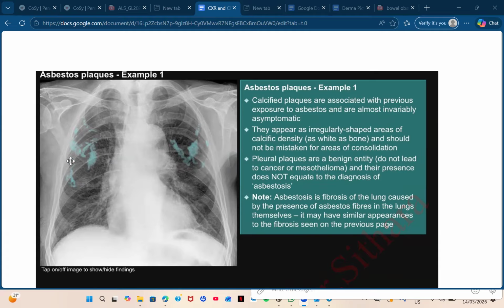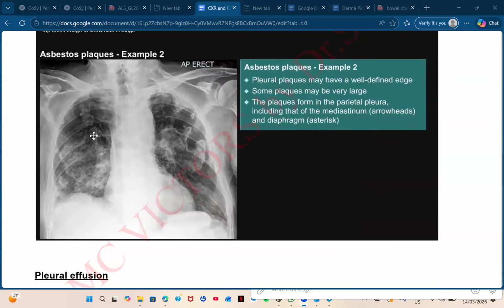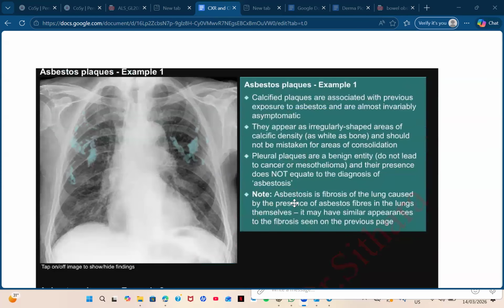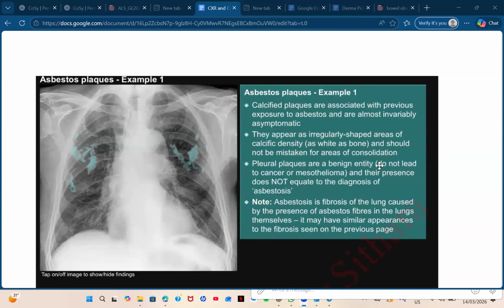Here you can see calcified plaques, here also, here, here. They appear as irregular shaped areas of calcified density, as white as bones because they are calcified, right? And should not be mistaken for areas of consolidation.